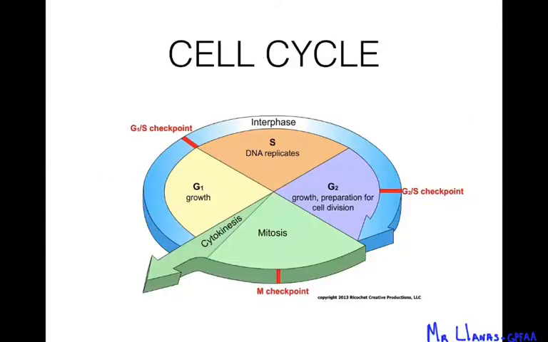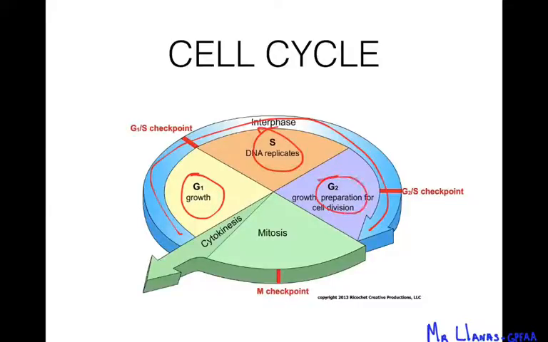In summary, looking at the picture, here is interphase. You have G1 where the cell grows, S where the DNA replicates, G2 where the cell grows a little more and gets ready to go into mitosis, and then you have mitosis here where one cell comes in, and then we end up with 2 identical cells.